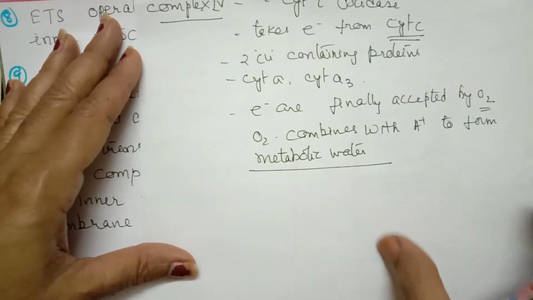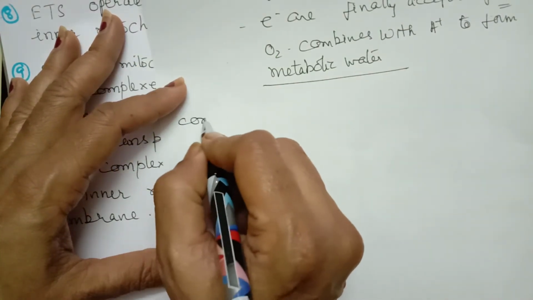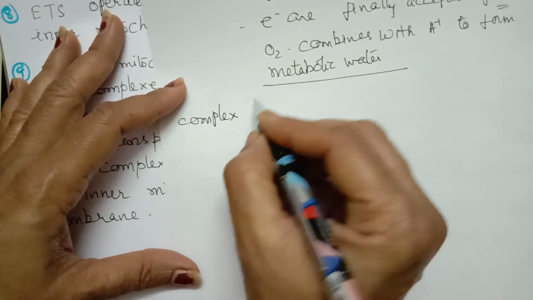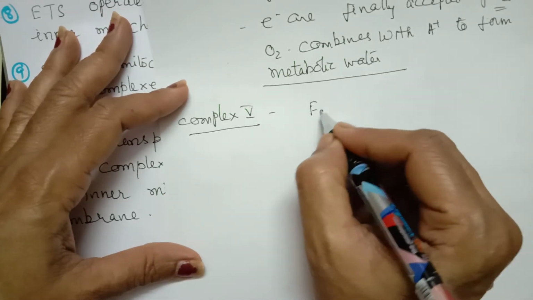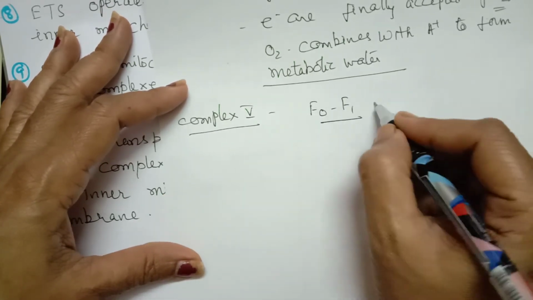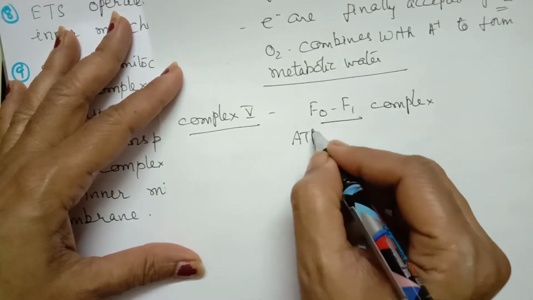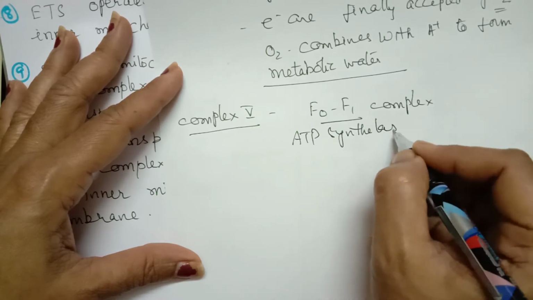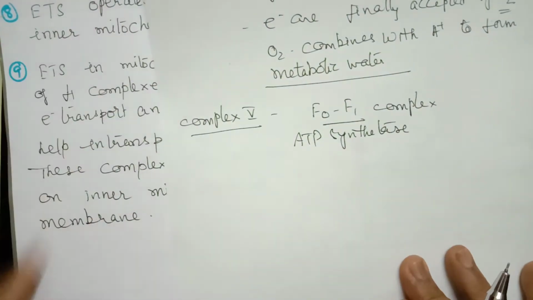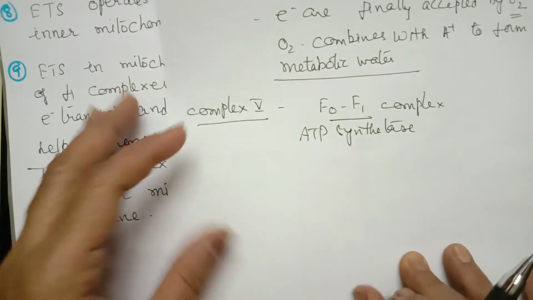Now lastly, complex 5. Let us see what is complex 5. Complex 5 is called F0F1 complex, or it is also called ATP synthetase complex. Just like in chloroplast, here also we find F0F1 or ATP synthetase complex.